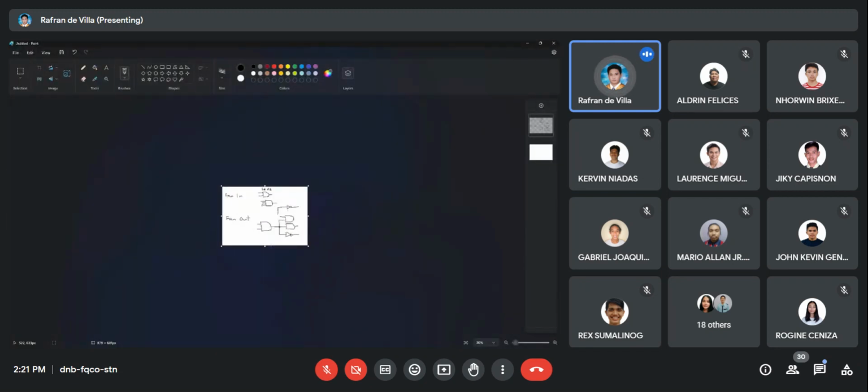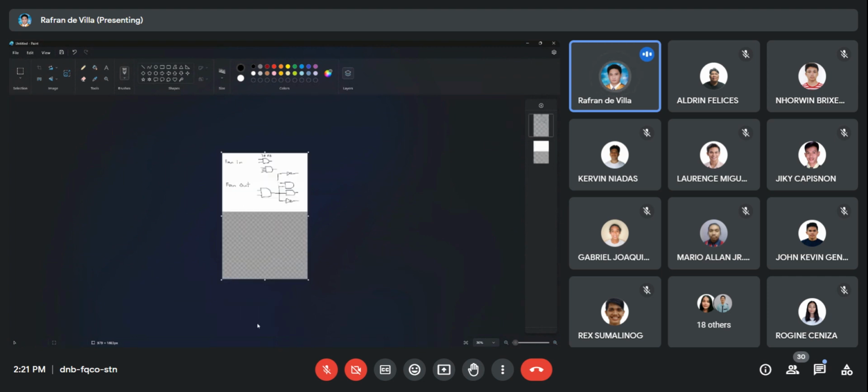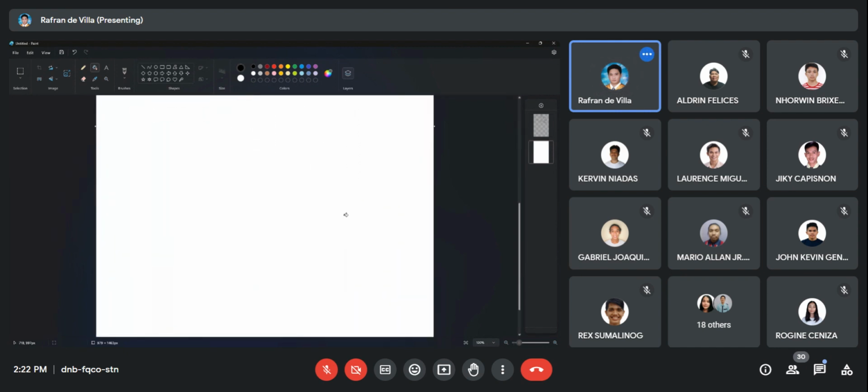Okay? Now, guys, it is very important that you know the concept of those specifications in your datasheet. Okay? So, let us take for instance an inverter. What do we call the voltage input and the voltage output?